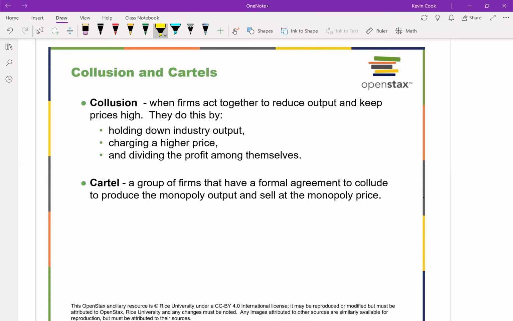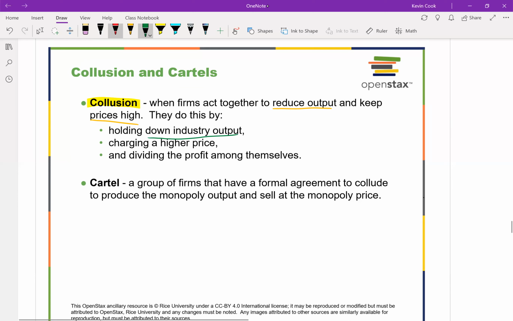So when we have collusion, this is when two firms are acting together, and what they're going to do is reduce output to keep prices high. So they're going to work together to act like monopolists and not act like they're competing against each other. To do this, they kind of have three steps. The first is they hold down quantity.